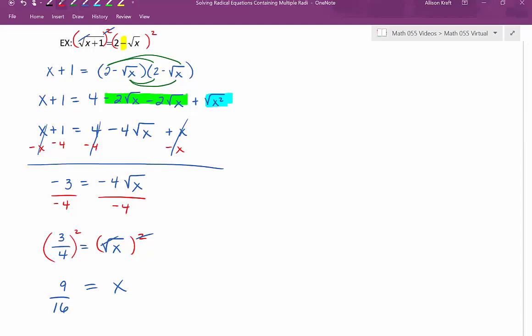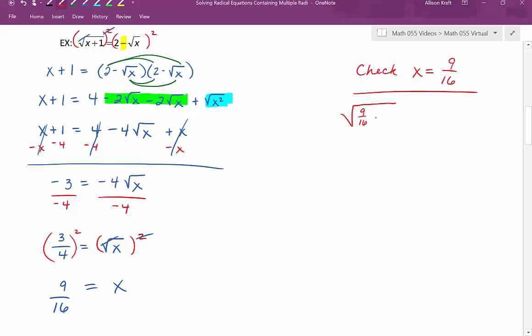However, during our solving process, we raised both sides to an even power, so we need to check our answer. We're checking it in the original.